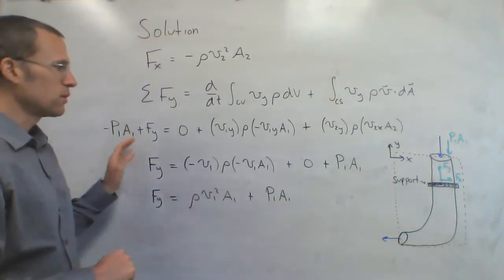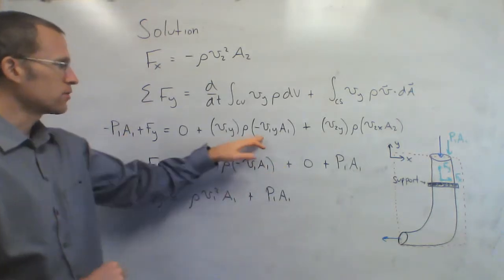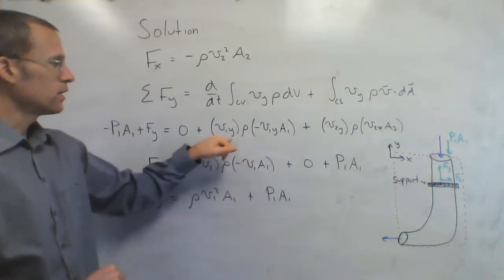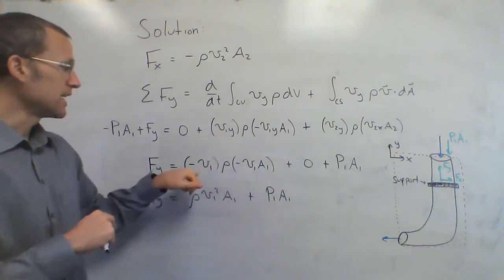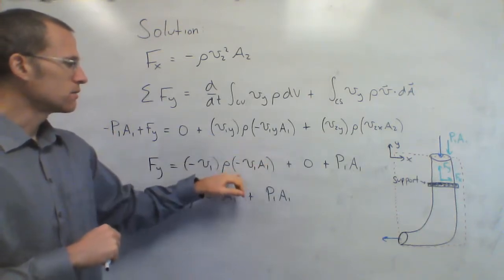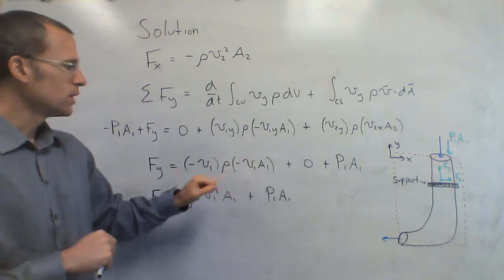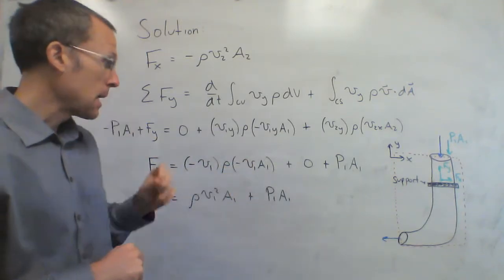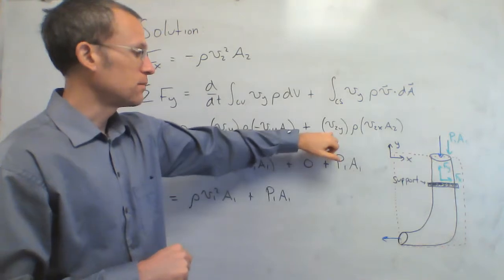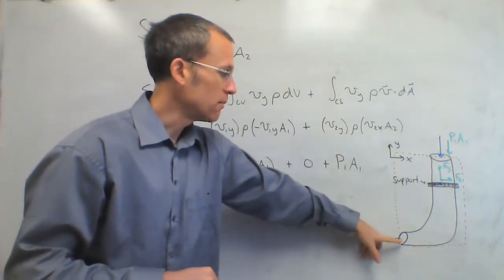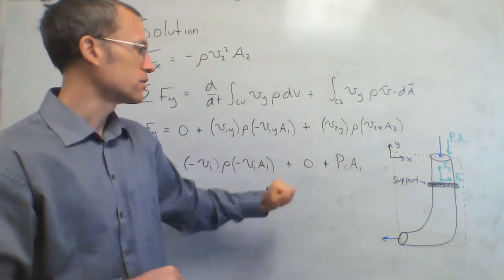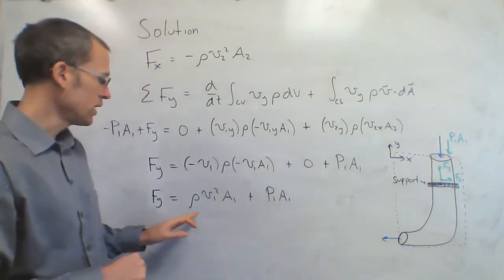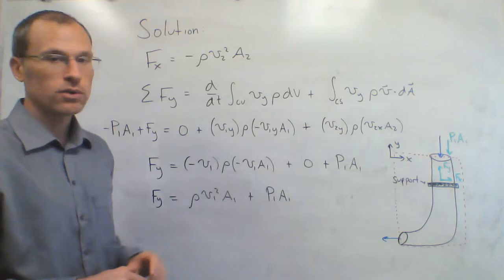Moving the P1A1 to the other side, V1y is actually minus V1 because it's going down, so that term becomes minus V1A1 times rho. For the second one at point 2, my velocity is only in the x direction, so V2y is 0, so that term is 0. So what I have for Fy is rho V1 squared A1 plus P1A1.